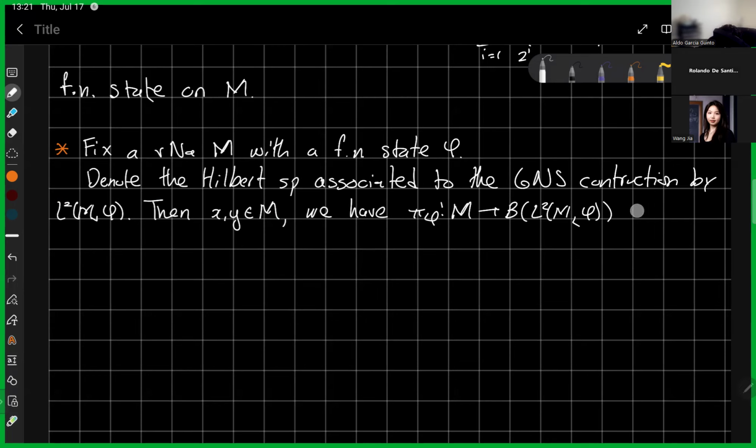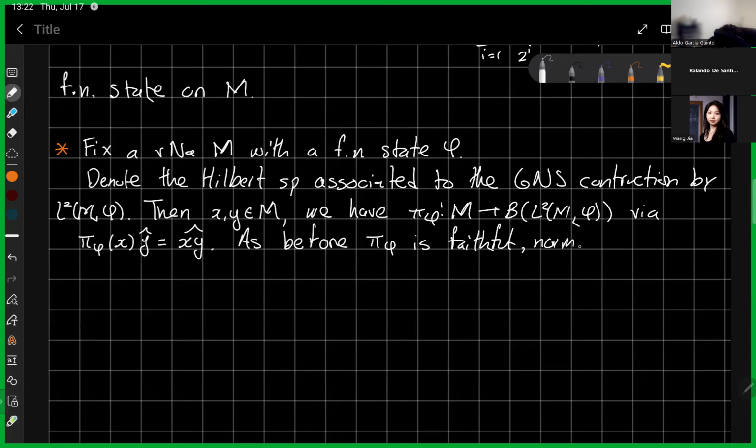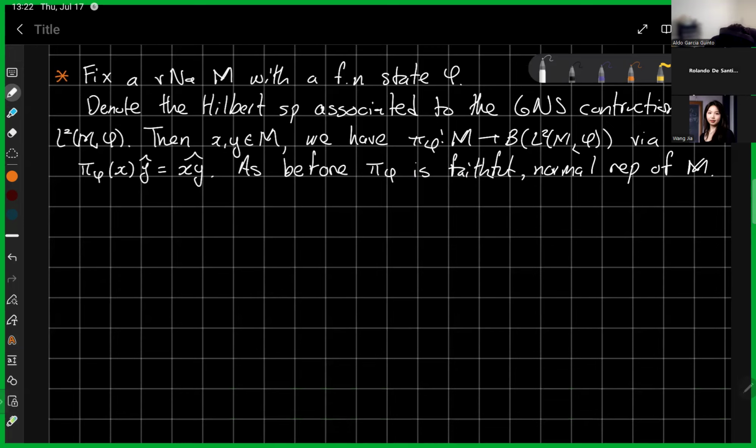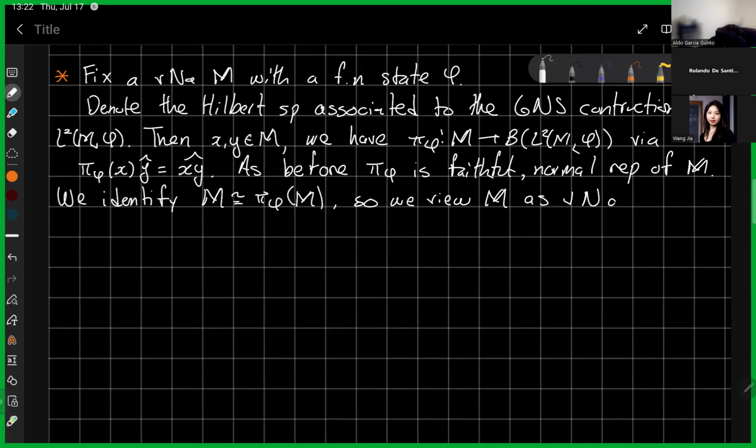And so as before, pi is a faithful normal representation of M. And then we identify M with its image so that we can think of M as a von Neumann algebra on B of the Hilbert space.